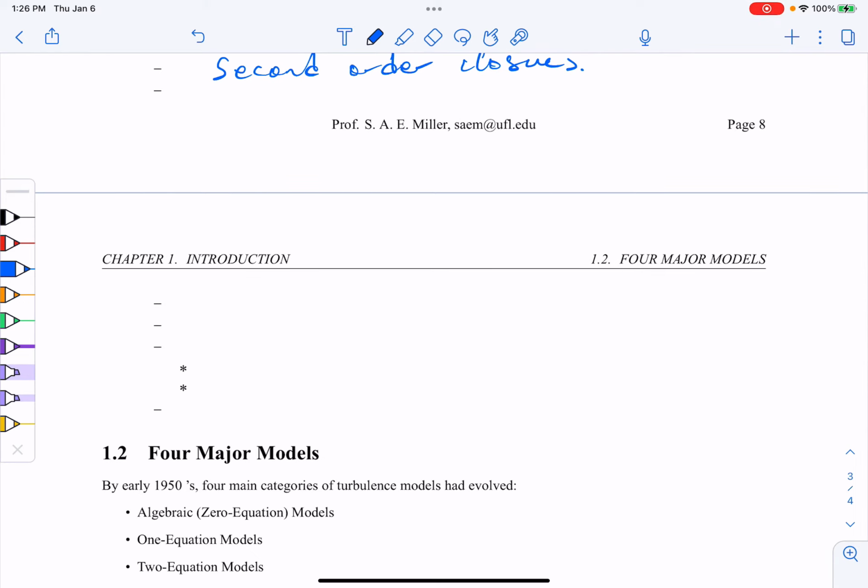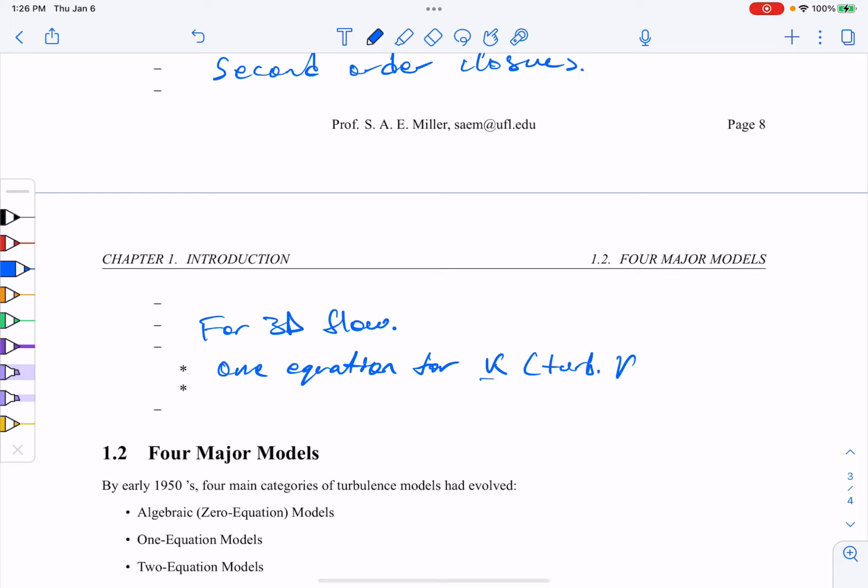And in the most typical formulation, you'll see that for a 3D flow, we'll have 1 equation for turbulent kinetic energy, which I'll call K, so turbulent kinetic energy. And probably 6 components of what we call Reynolds stress.